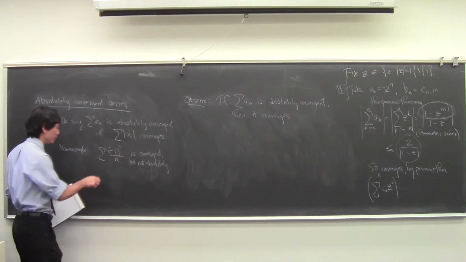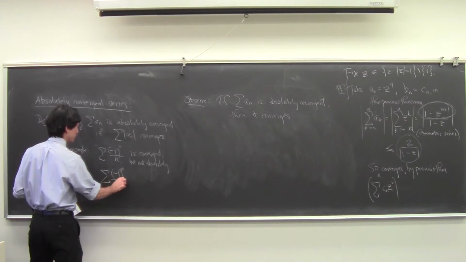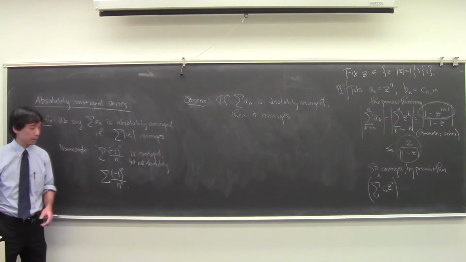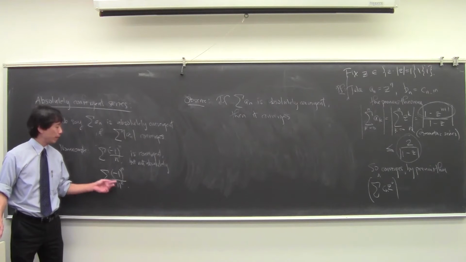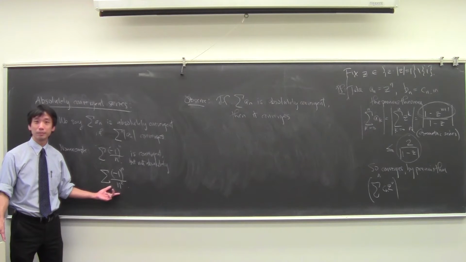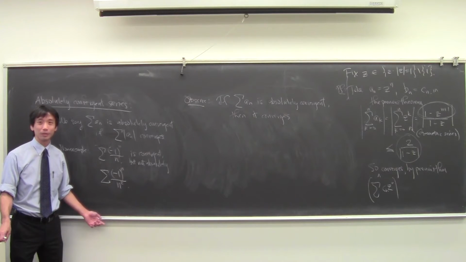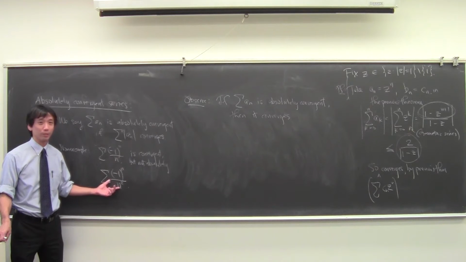Okay. So, for example, let's look at this series: (-1)^n over n squared. Does that series converge? Yes. Why? A few reasons. 1 over n squared converges, right?